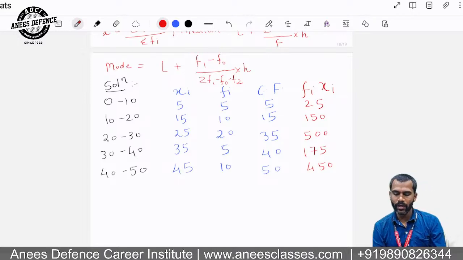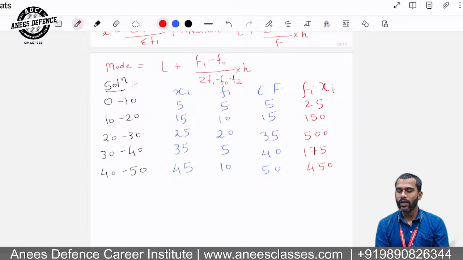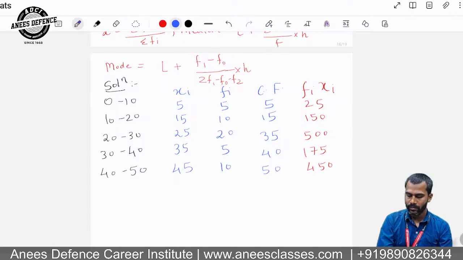But no issues. We can find out the value of mean using the direct method. Summation fixi divided by summation fi. X bar is nothing but summation fixi divided by summation fi.